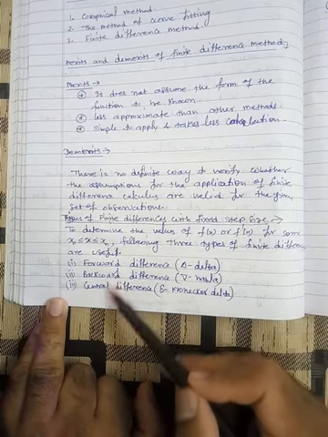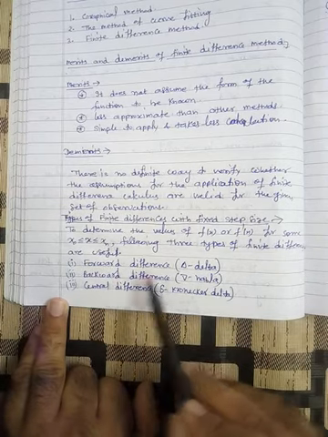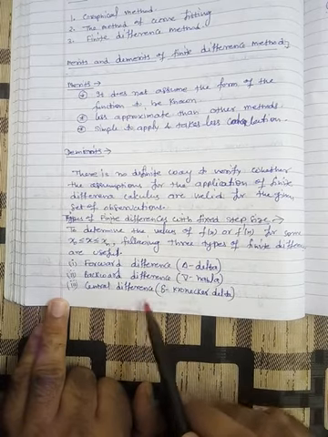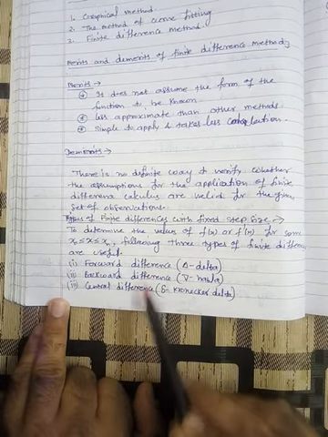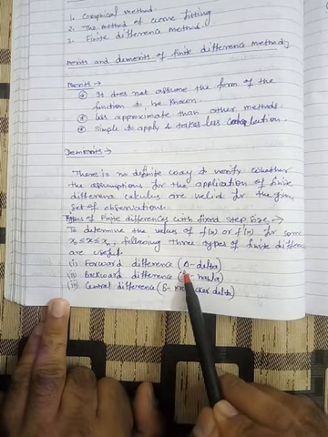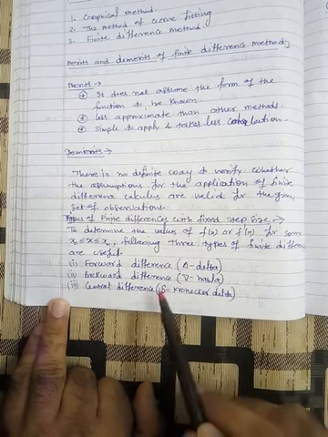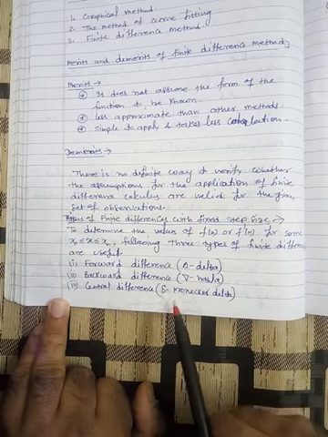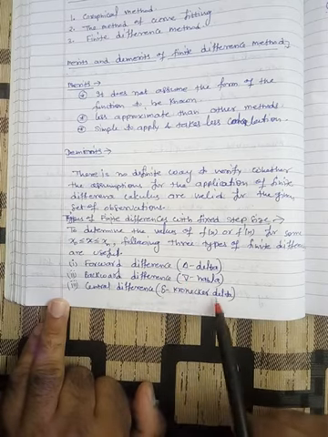Here we have three types of differences: forward difference, backward difference, and central difference. These are the three important types of differences. Forward difference is denoted by delta, backward difference is denoted by nabla, and central difference is denoted by the Kronecker delta.